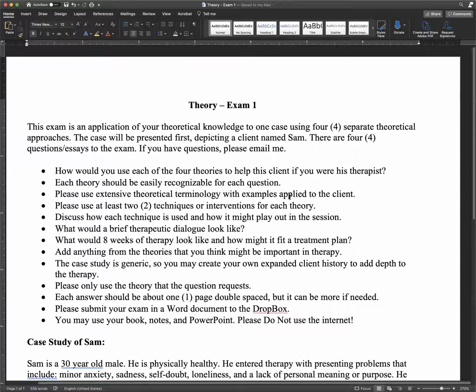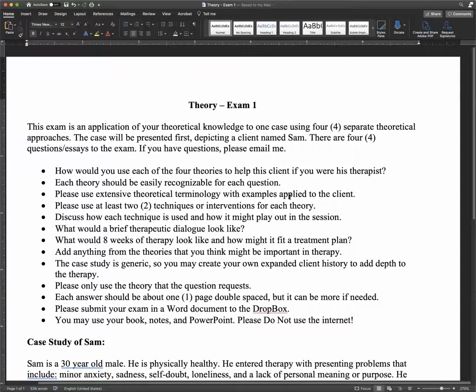What would a brief therapeutic dialogue look like using those techniques? How would it work? What would the client say? What would the therapist say?